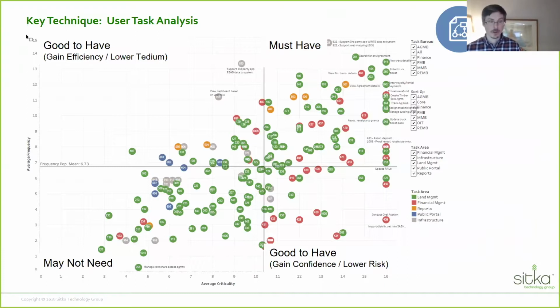These are critical, but they don't happen frequently. You might consider including these in your improvement plan to help gain confidence and lower risk. And then the ones down here may not be as important to focus on right away. All right, so that's the user task analysis technique in a nutshell. Any questions?